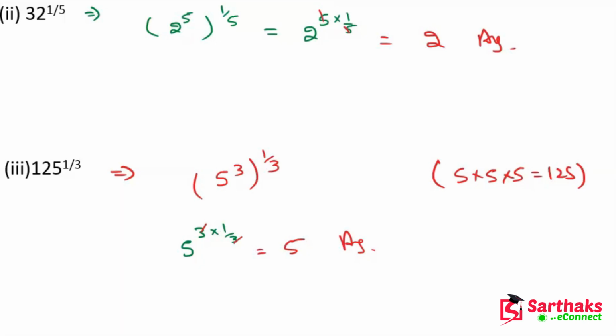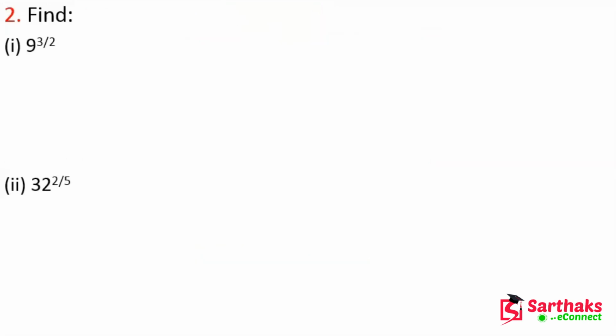Okay, so let's move on, my dear friends. Now again we have to find. Here is a question which is 9 raised to power 3 upon 2. Here is a little bit different question. Now my dear friends, in this case we can write 9 as 3 raised to power 2, and whole raised to power 3 upon 2.